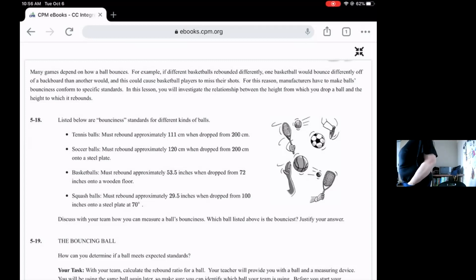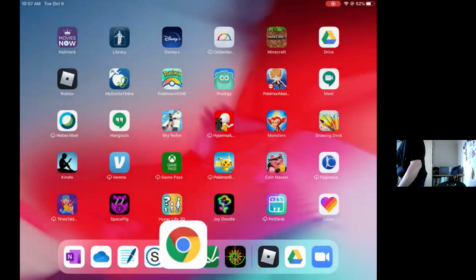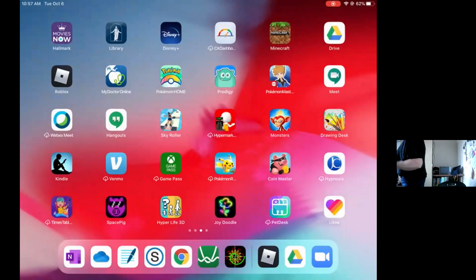Discuss with your team, and that's going to be us as a class, how we can measure a ball's bounciness and which ball listed above is the bounciest. How can we determine? So we're going to brainstorm. How can we determine the bounciness of a ball? Ideas? I'm not going to give you the answer.